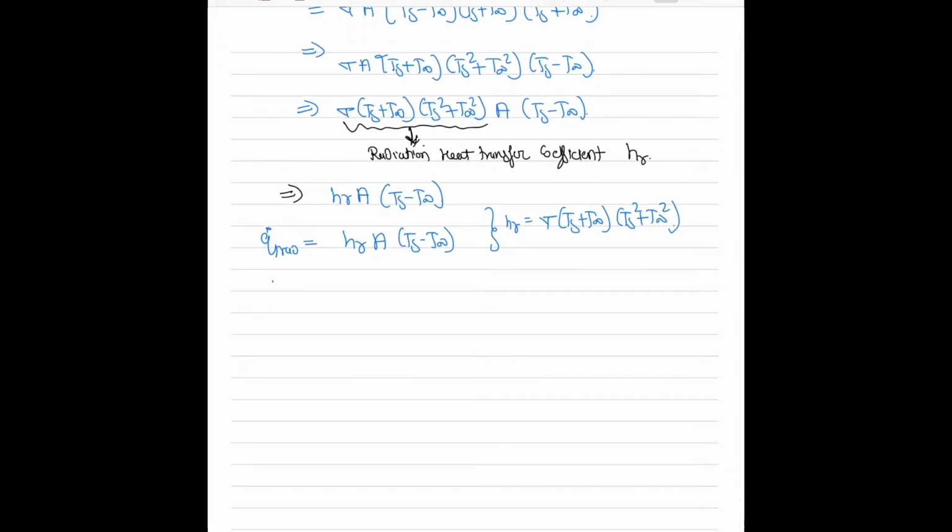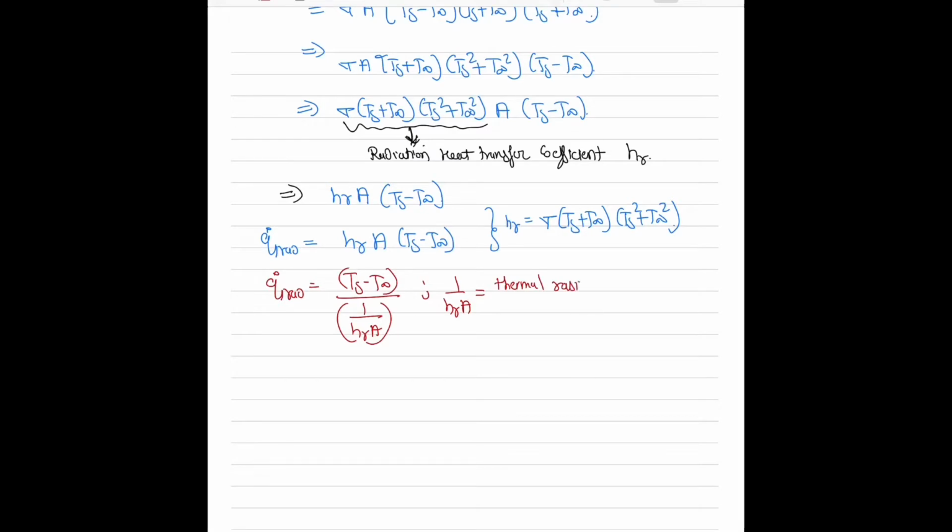Now we can write radiation heat flux as T surface minus T infinity divided by 1 by HR into A, where 1 by HR into A is known as thermal resistance for radiation.